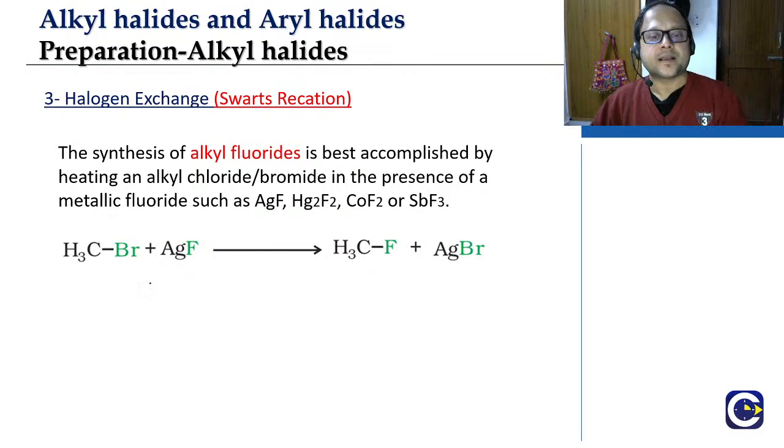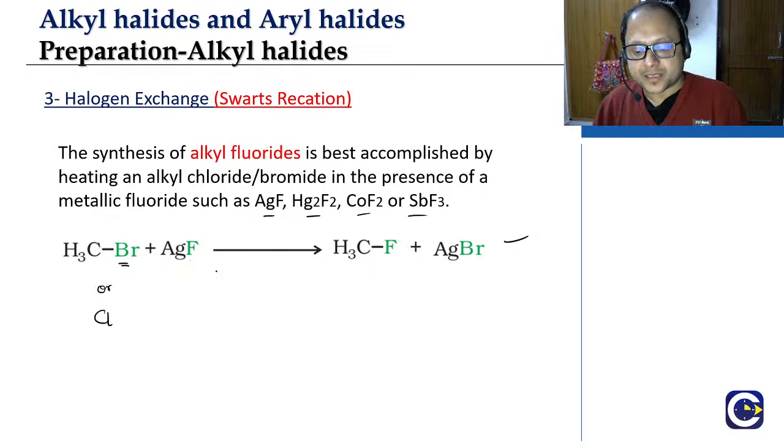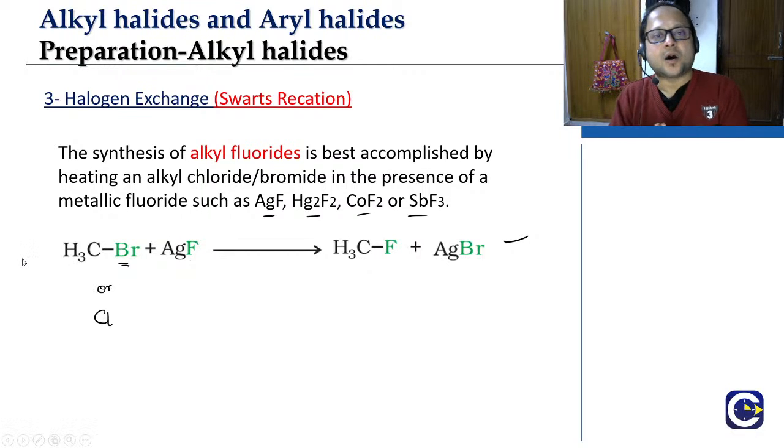We have selected fluorinating reagents that selectively replace bromine or chlorine and put fluorine in their place. So both bromoalkane and chloroalkane will do the trick, right? So that is how you do the halogen exchange reactions with both fluorine and iodine.